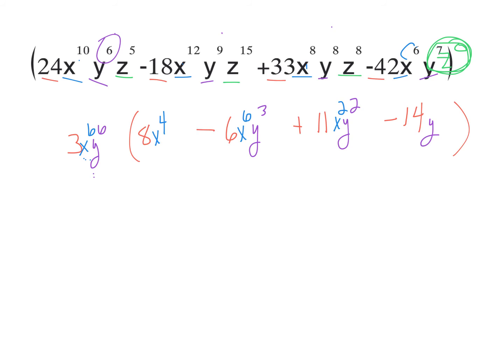So how many z's can you take out? None. Because remember, the rule to greatest common factor is that it has to be shared by all pieces. And in this case, the z's are not shared by everything. Therefore, the z's just go back as they are. Z to the 5th, I have z to the 15th.